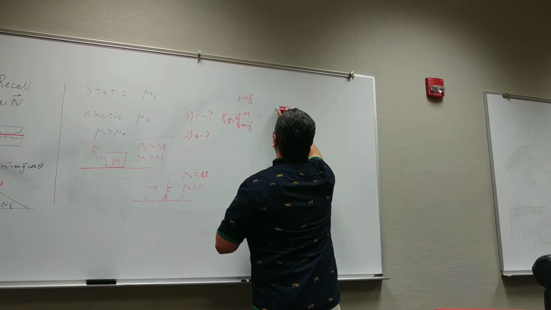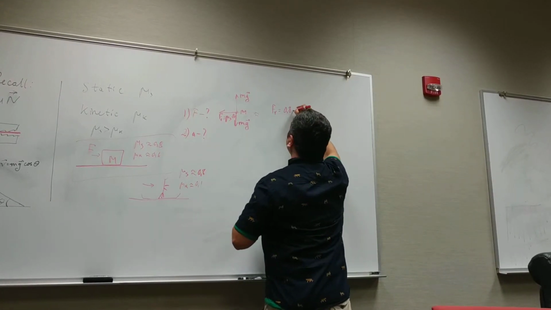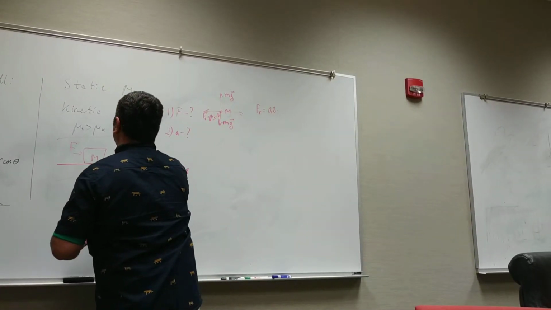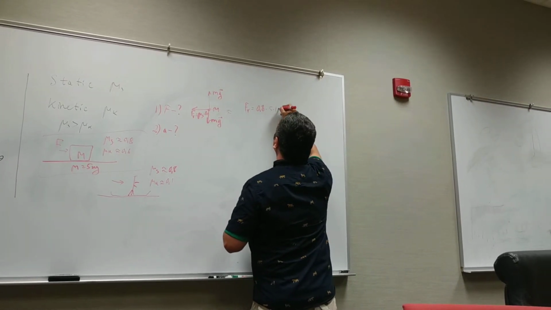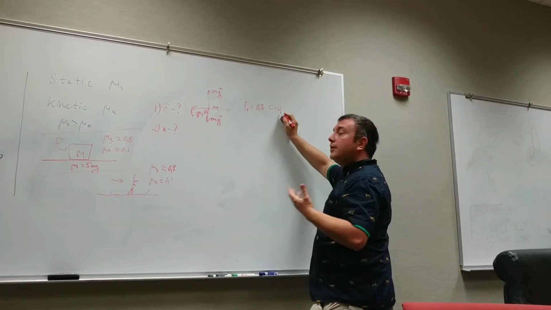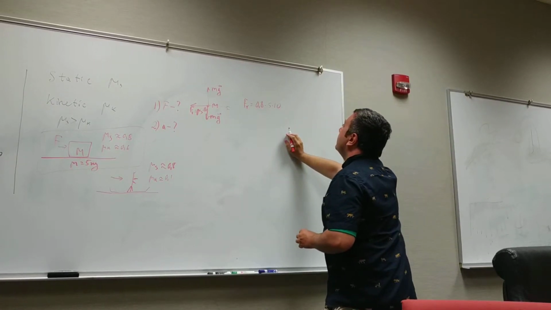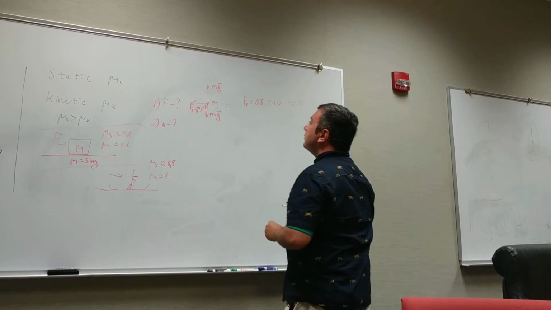So in our case, friction is 0.8 times, well, let's designate mass to be 5 kilograms. Alright, so it's going to be times 5 times 10. Again, we're taking g as 10 for the simplicity of the calculations. Alright, so that will be 40 newtons.